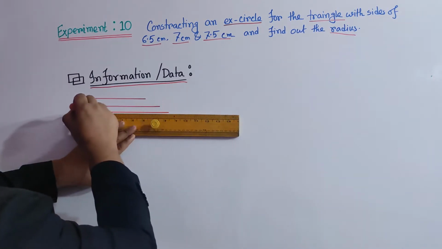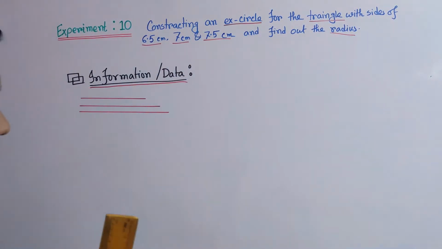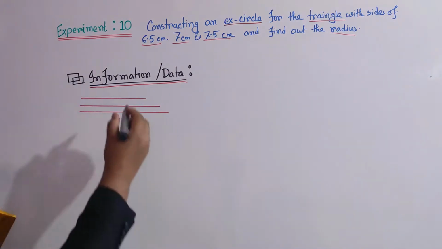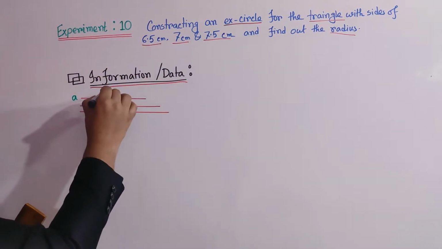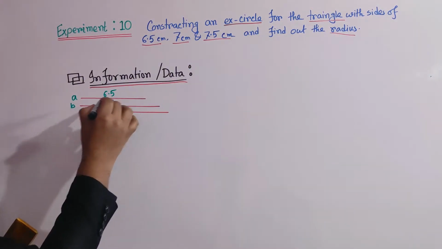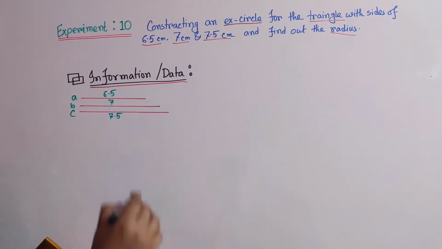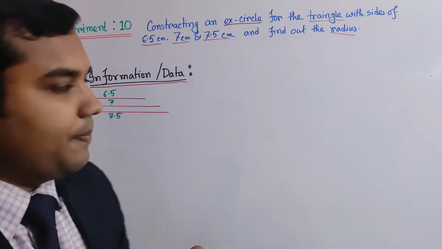So here three lengths are given. The first length, a, is 6.5 centimeter. Here is the length b, which is 7 centimeter, and here is the length c, which is 7.5 centimeter. So this information or data is given.